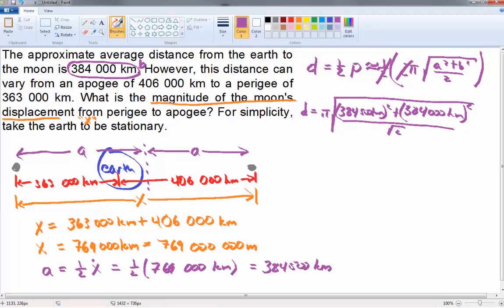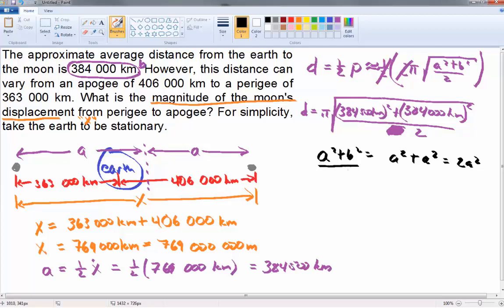By the way, if we throw everything under the square root sign, then there's an over 2 here. One way of checking to make sure this formula makes sense before I plug all the numbers in is to ask, what would happen if this ellipse was turned into exactly a circle? Well, in that case, a and b would be equal. So a squared plus b squared would be equal to a squared plus a squared. So that's 2a squared.